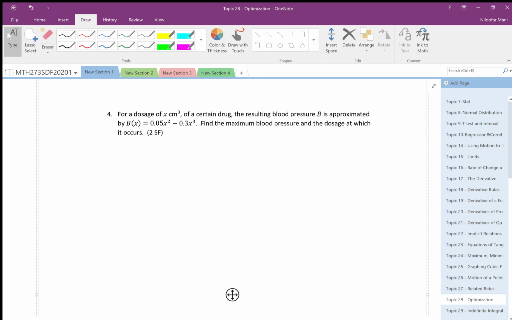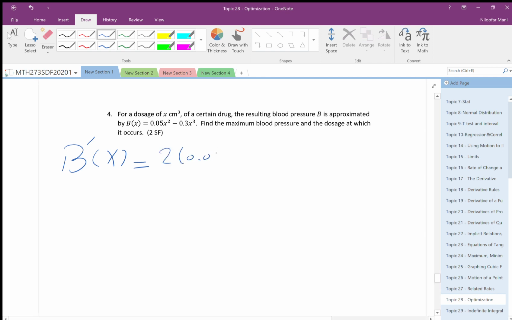Okay, so it doesn't matter maximum or minimum. First I have to find the first derivative, and good news, I have just based on x. This is perfect. So I find the first derivative, which is 2 times 0.05x minus 3 times 0.3 x squared, which is 0.1x minus 0.9x squared.